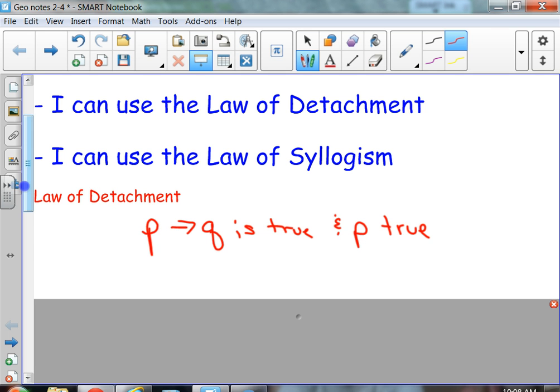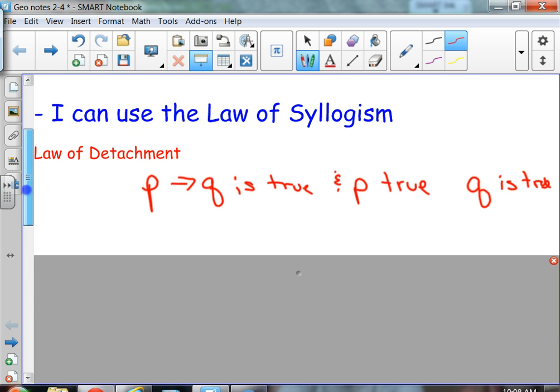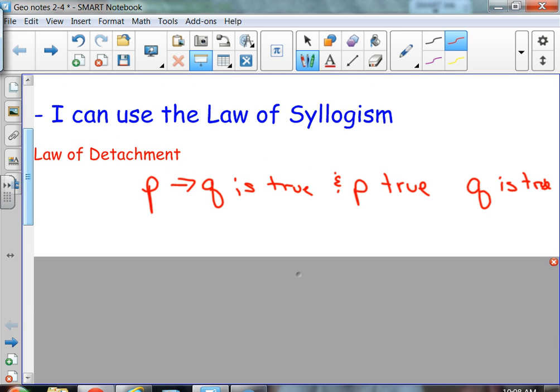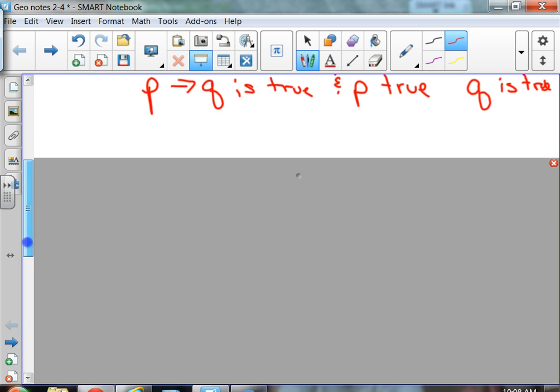So if P then Q, if that statement's true and P is true, that means that Q has to be true. And you'll see what I mean here in a second. Once again, remember these notes will all go to you, so if you miss something, you'll have it right after class.